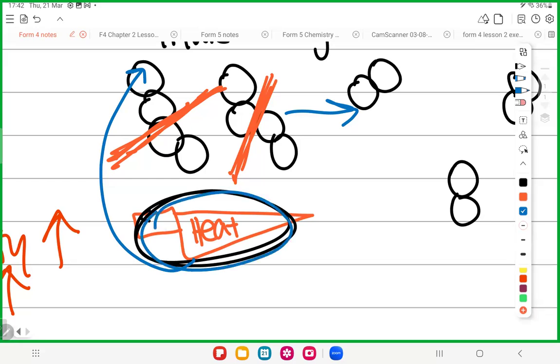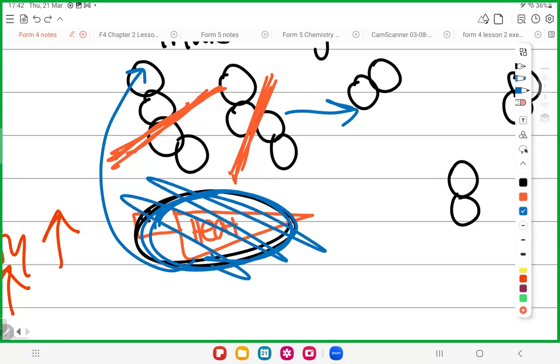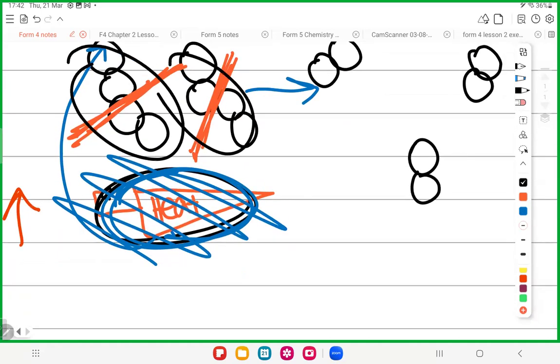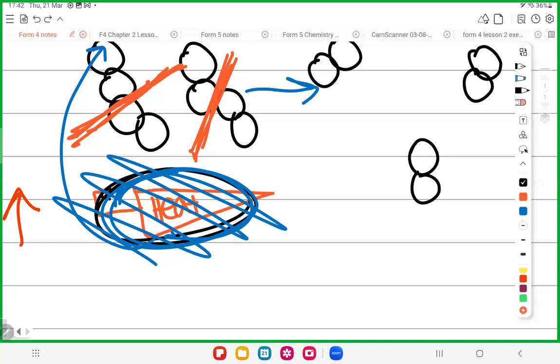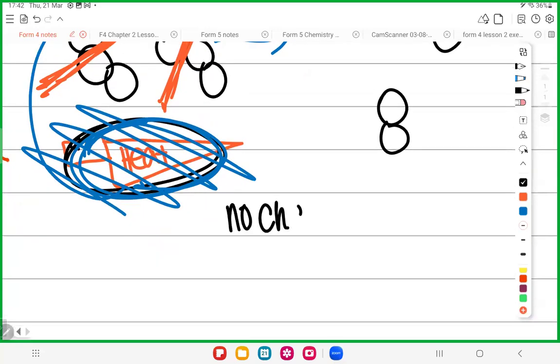Because you use all the heat to do cutting. When you use all the heat, no more heat. How can heat go inside the particle? Am I right? Cannot. So when the heat didn't go inside the particle, did their energy change or not? No change. So the particle's energy has no change.